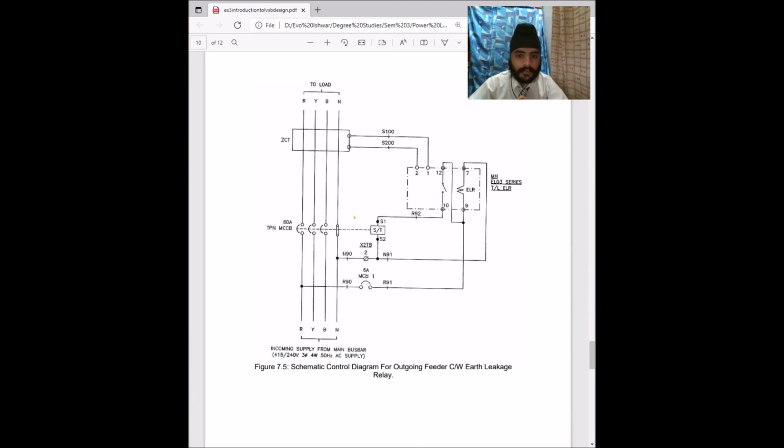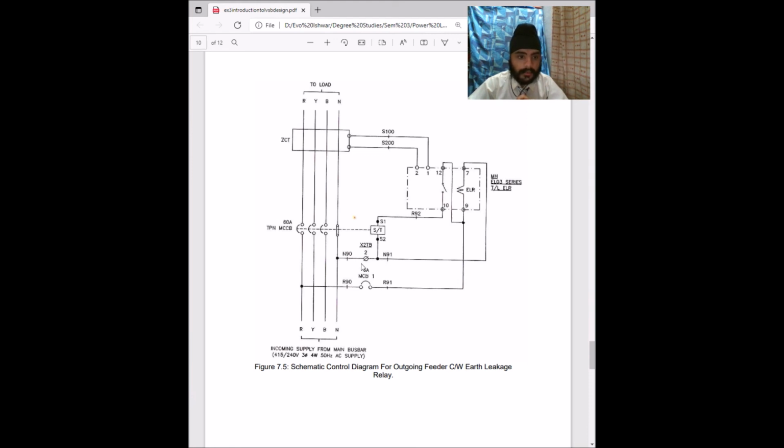Moving on, when this ZCT detects the current, for example 0.5 ampere, or if the fault exceeds 0.5 ampere, the relay will detect and give the output to the switch here and make contact. The shunt trip coil will get the 240 volt. This ELR will disconnect the power when earth leakage is detected, when fault current is detected from live to the earth with the ground wire within the installation, so it can protect the circuit.